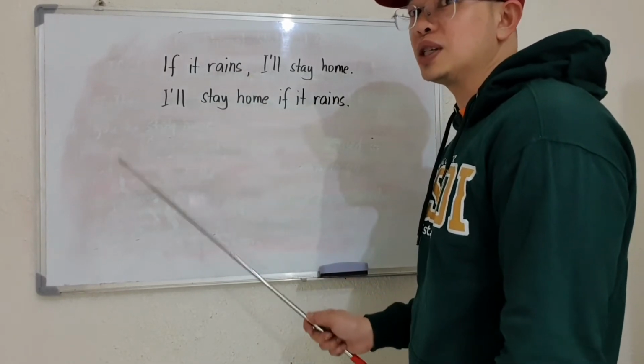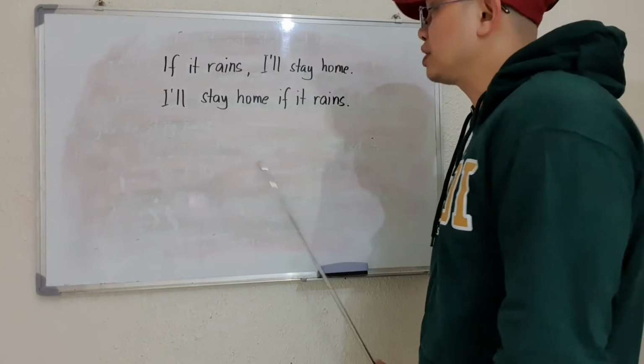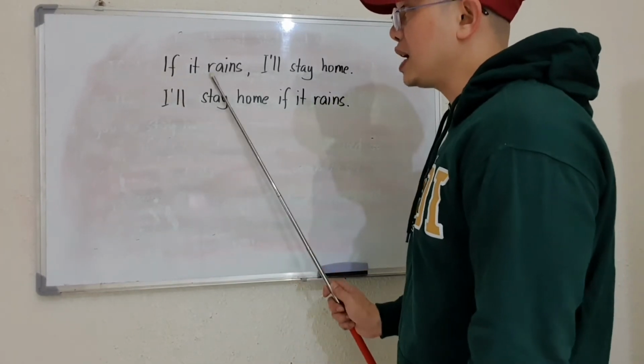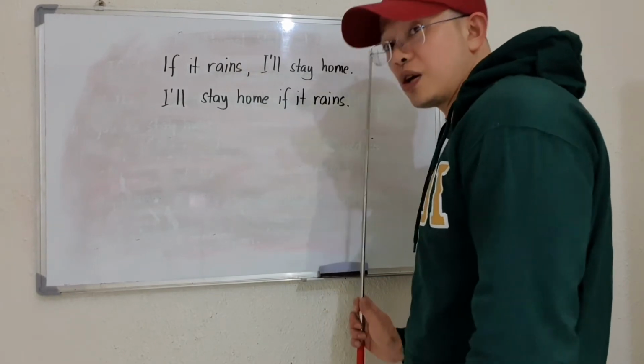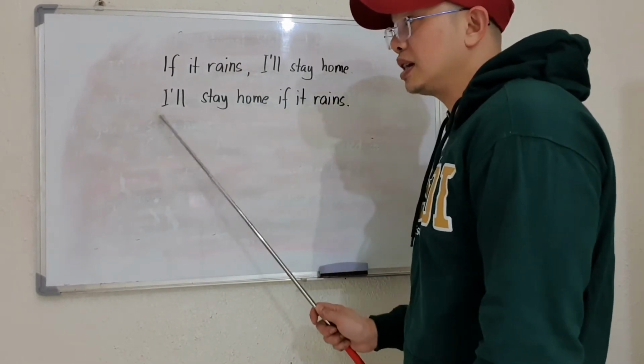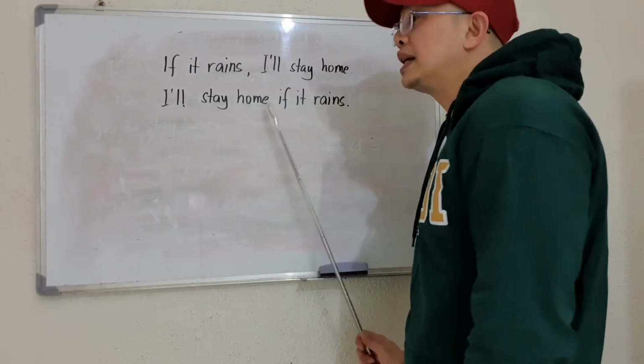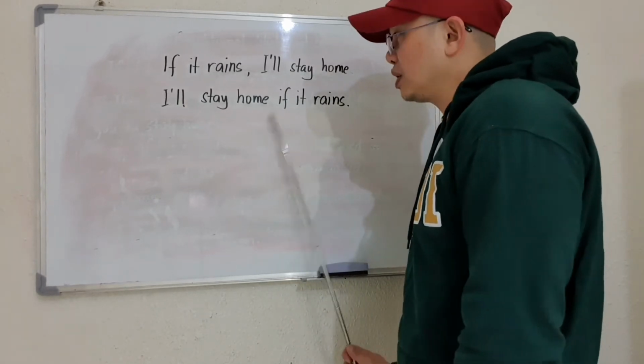But if the if clause is on the second part of your statement, there's no need for a comma. So if it rains, comma, I'll stay home. Or the same way you can express it this way, I'll stay home if it rains, without a comma.